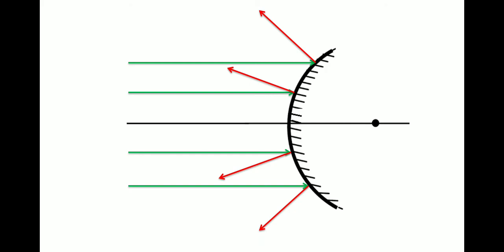Now these rays of light are reflecting, but if we trace their path backwards, then all these rays appear to come out from this point. So this point will be called the focus for the convex mirror. And the distance between the pole of the mirror and the focus will again be called the focal length.